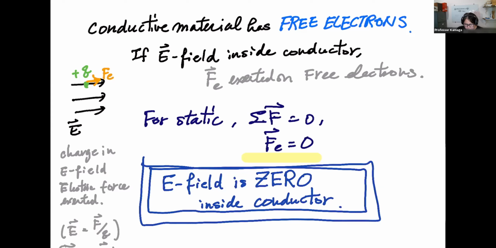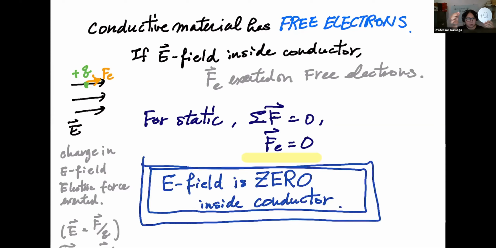So what's happening when you have a conductive material and an electric field? Let's say I have an electric charge here, Q, and this is a conductor, metal. This Q generates an electric field.